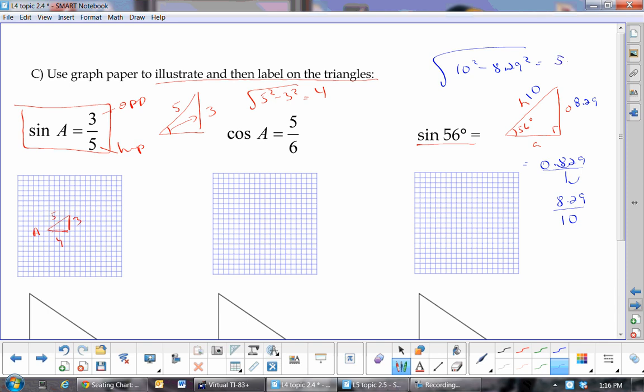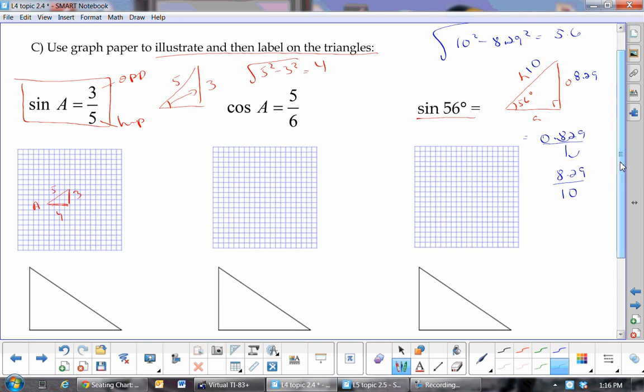5.6. Okay, now I can draw it, right? Like if I started here and I went 1, 2, 3, 4, 5. 5.6, so don't quite go all the way, and then up to 8.29.